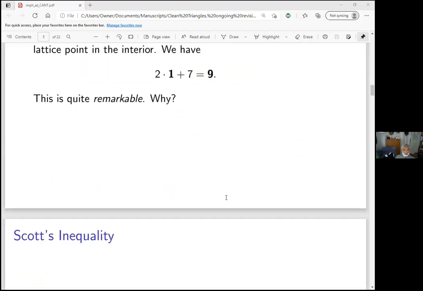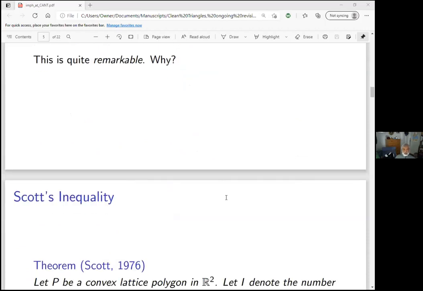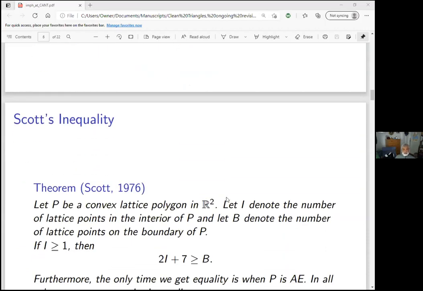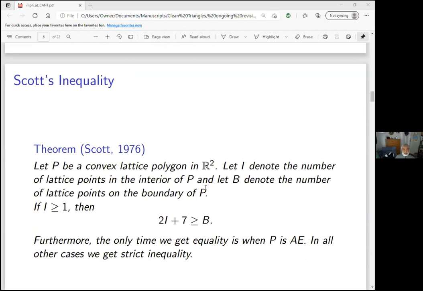But what we have is this beautiful inequality of Scott from 1976. So let's say we have a convex lattice polygon in 2 dimensions, and it has an interior lattice point. Okay, so you have to insist that there's at least 1 lattice point inside. Then twice the number of interior lattice points plus 7 is an upper bound for the number of boundary lattice points.